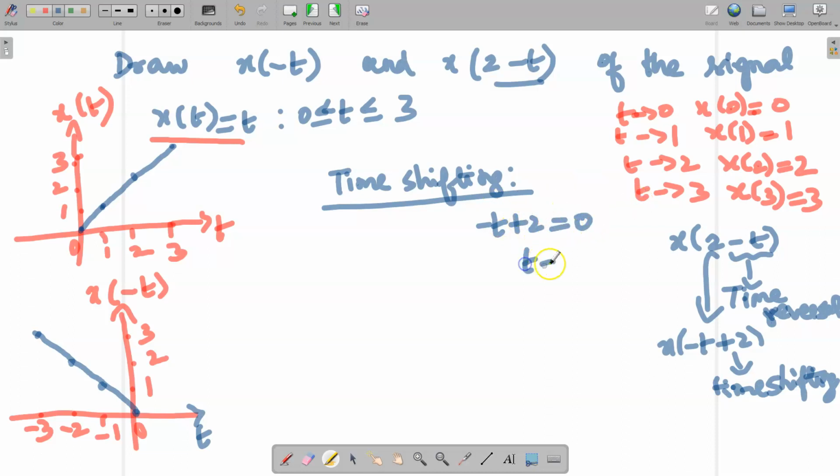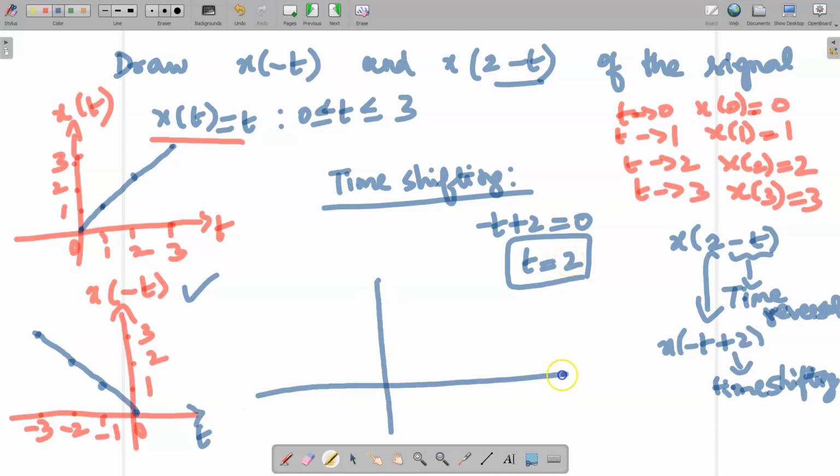T is equal to 2. So, I have to shift the x of minus t signal by the value 2. How will the shifting be? Minus 3 plus 2 is minus 1, minus 2 plus 2 becomes 0, minus 1 plus 2 becomes 1, 0 plus 2 becomes 2.